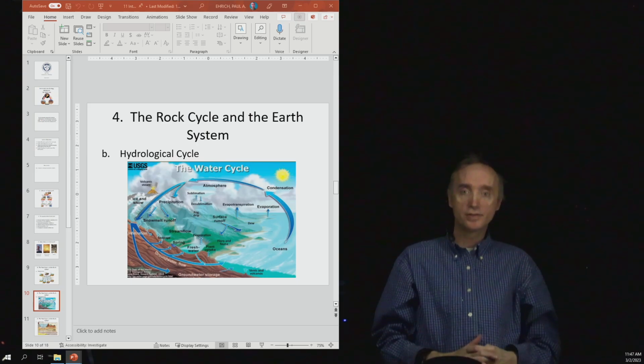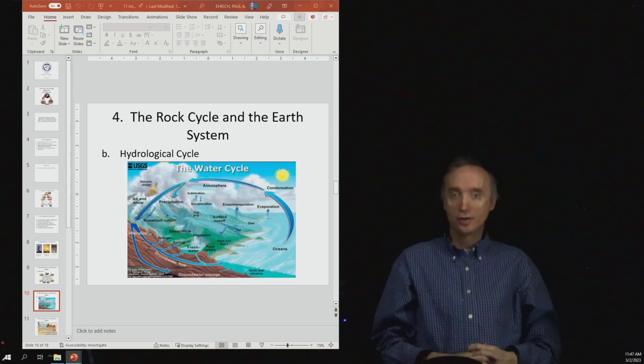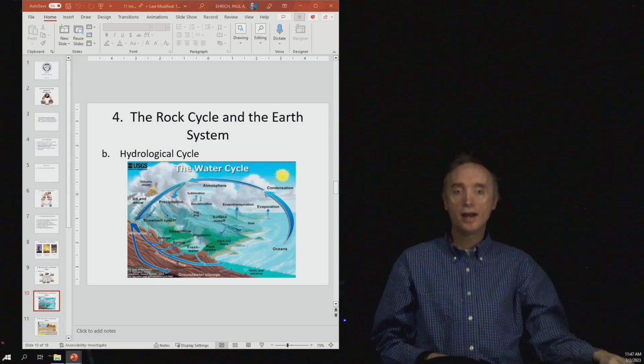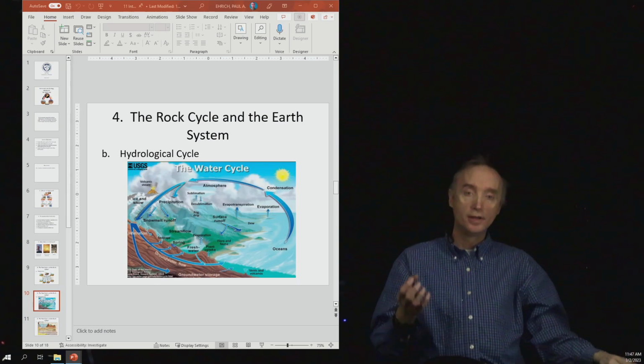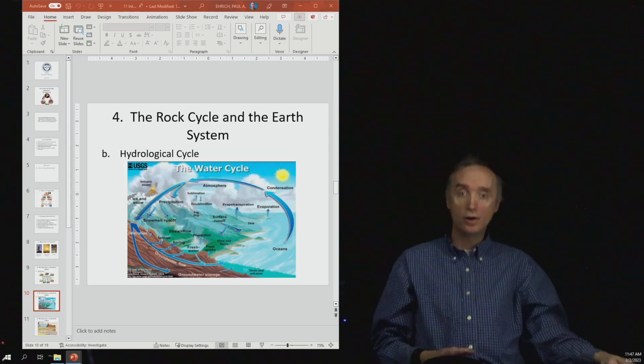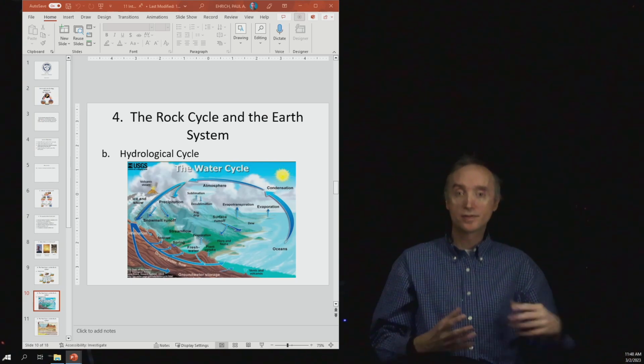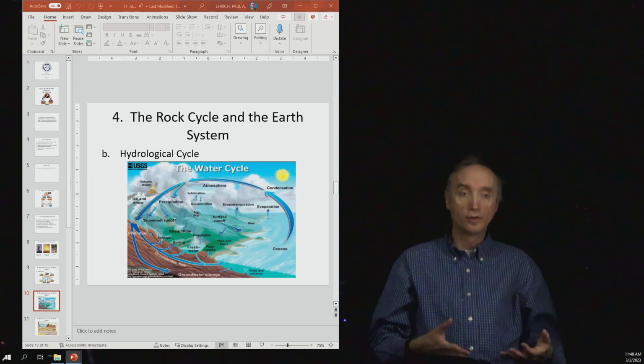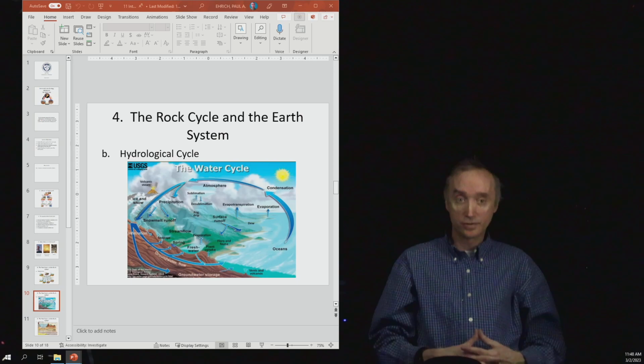So how is the hydrological cycle related to the rock cycle? We know that rain acts as an agent of weathering. Once the sediments get into a river, the river is made of water, and that is an agent of weathering and transport.